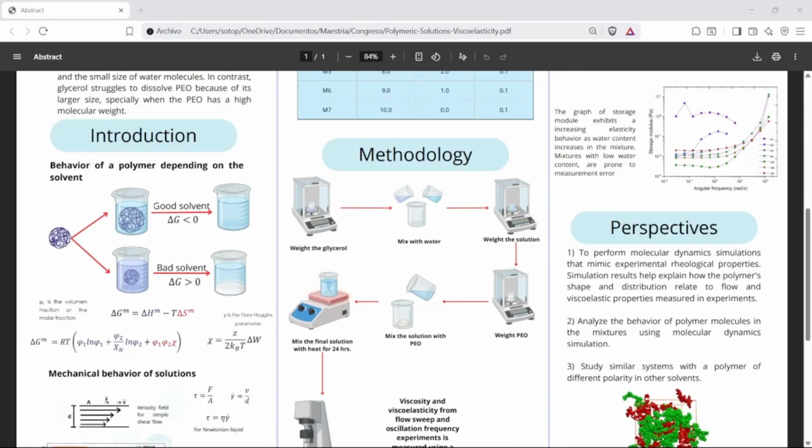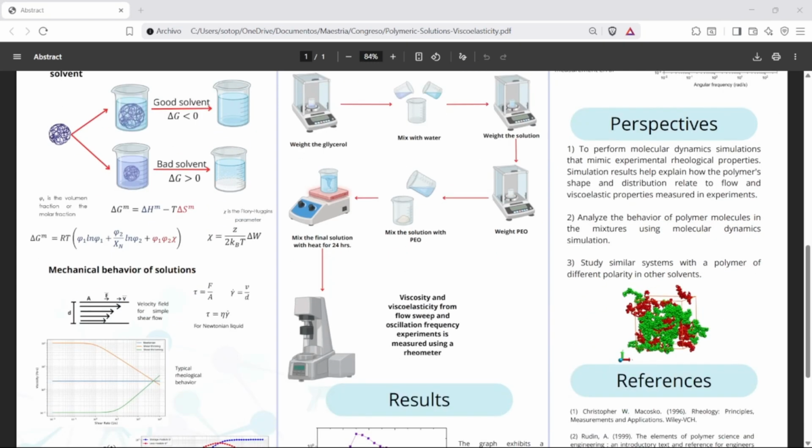The methodology is very simple. We weigh the glycerol because glycerol is a viscous solvent, so if we tried with volume, we would have problems measuring the volume of the glycerol. Later we mix the glycerol with water. Then we weigh the total solution, and later we weigh the PEO.